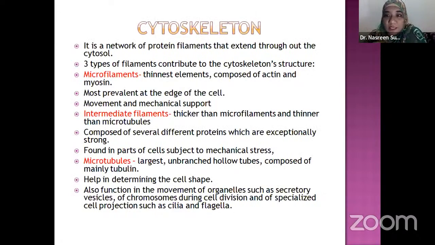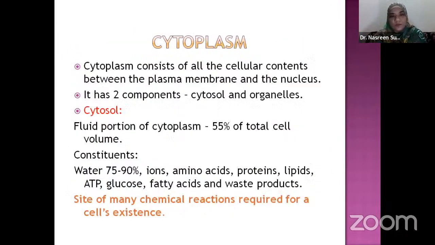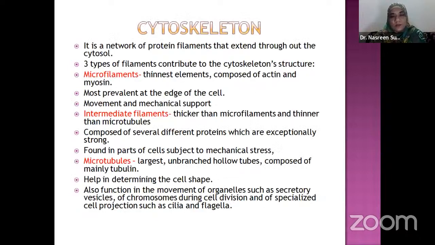Now coming to the cytoskeleton. Cytoskeleton means inside the cell, there are certain filaments which extend throughout a cell. Those filaments are responsible for maintaining a proper structure of a cell, and that is called the cytoskeleton.